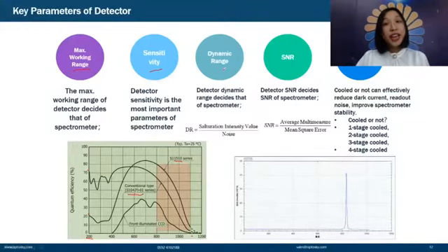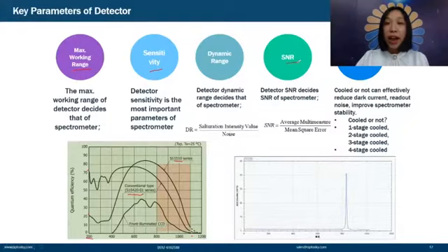And thirdly is the dynamic range. The detector's dynamic range directly decides the spectrometer's dynamic range, and most spectrometers use the detector's dynamic range directly. Dynamic range is the saturation intensity peak divided by the noise. This is the formula.